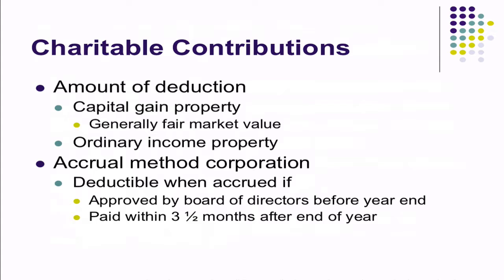It's accrued on the books as a charitable contribution expense. It's also deducted on my income tax return as a charitable contribution if those things happen. So the board of directors approves this contribution before my tax year's out, and I actually give the property away within 3.5 months after the end of my tax year, then it's a charitable contribution deduction for my corporation.